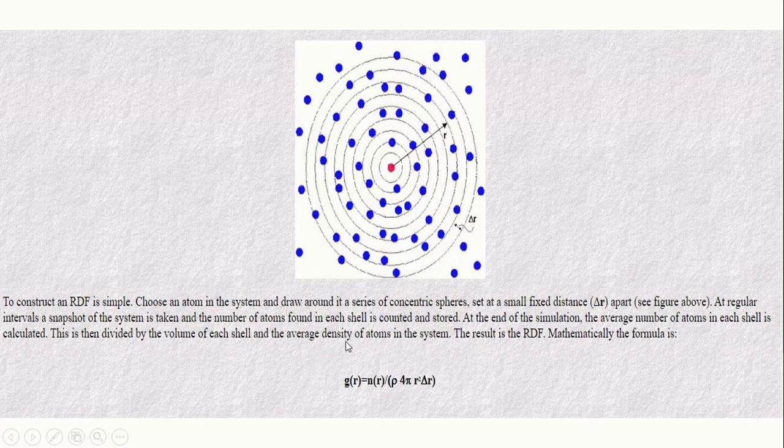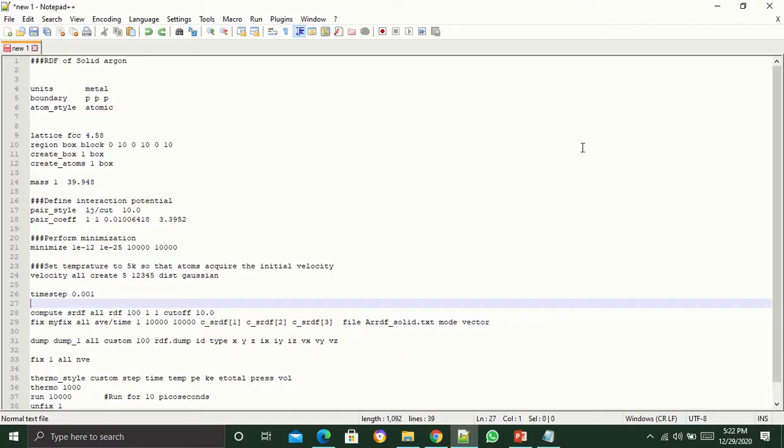Rho is the average density of atoms in the system, and this is the volume of each shell. So we will find the RDF for different values of r.